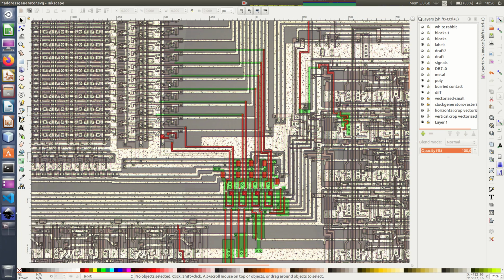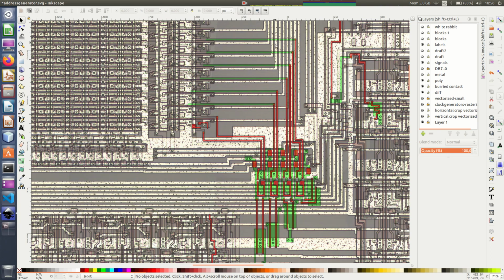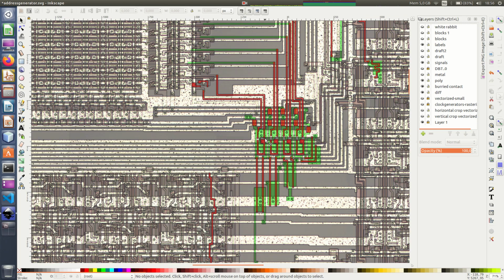Sure enough, we know that the 4 upper bits are colors, so they go to the color register, but the lower 8 bits also go further out here. I'm not sure where they go now, but you can also see they go down here. They are also on the internal address bus, but on lower values.